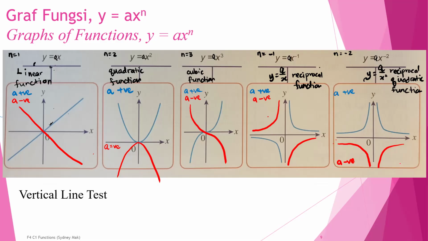Put them together so you can make your book horizontal or whatsoever. The important stuff is you must know when the power n is 1, 2, 3, -1, -2, how does the graph look like? So at least you know, oh, the graph looks like this. So every time you see a 5x squared, you're expecting a smiley face graph.